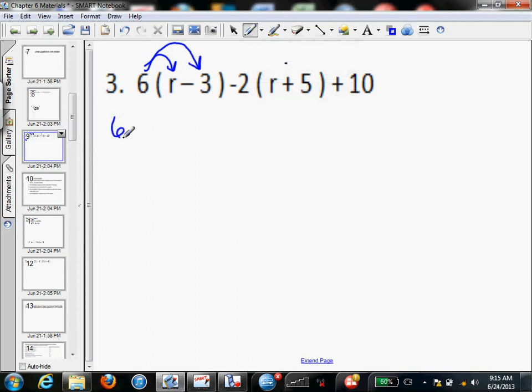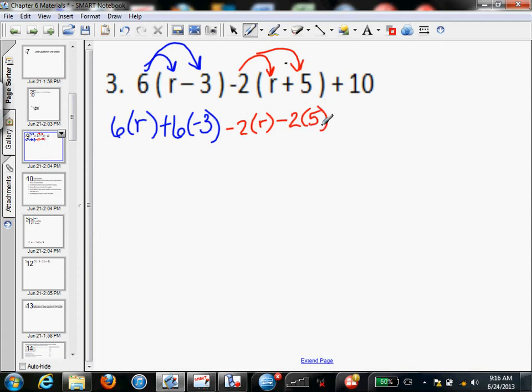So 6 times r plus 6 times negative 3. Now I take the negative 2, leave it, and use the distributive property to bring it to everything inside the parentheses. So we have negative 2 times r, minus 2 times a positive 5, and then let's just bring that plus 10 down.